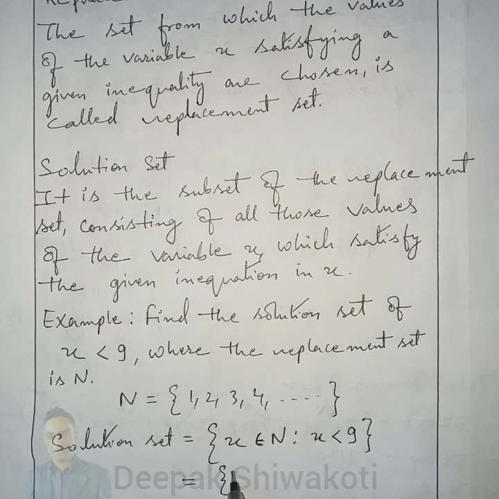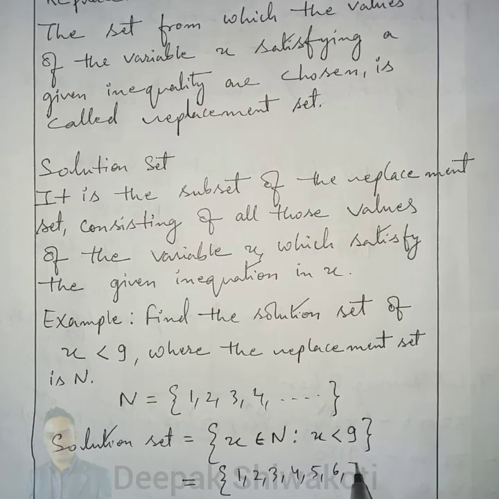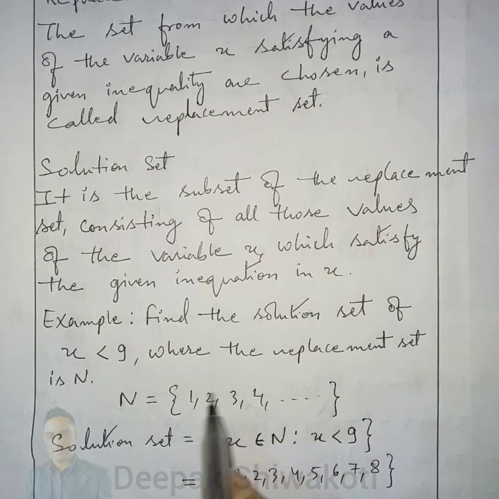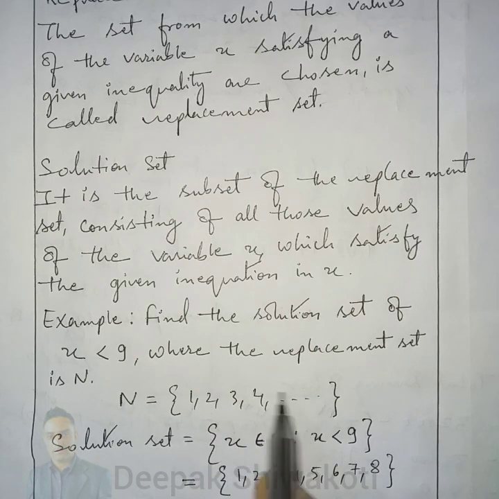If this is the condition, then the values are 1, 2, 3, 4, 5, 6, 7 and 8, not 9, because x is less than 9, not equal to 9. So the solution set is 1, 2, 3, 4, 5, 6, 7, 8. From the replacement set we have taken the values of x. So this is the replacement set and this is the solution set.